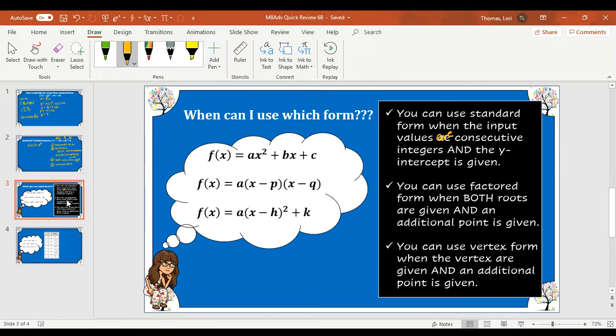You can use factored form when both roots, both x-intercepts, are given and an additional point is given. Then you can use vertex form, obviously, when the vertex point is given and an additional point. Now, let me just remind you, you can only find your A value from a function table if and only if your input values are consecutive integers.